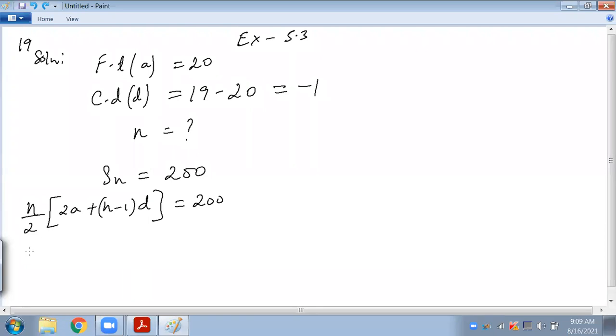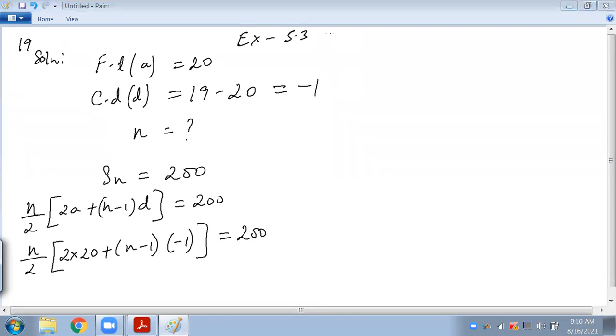Now put the values. 2a is how much? 20, and we don't know n. d is minus 1. Then before the bracket we have n by 2.